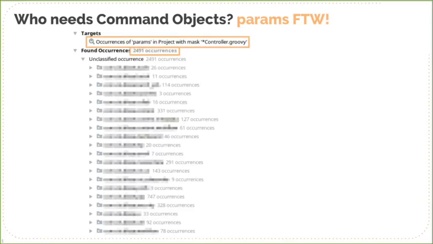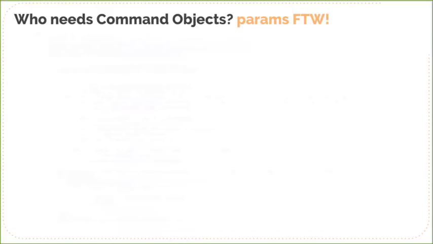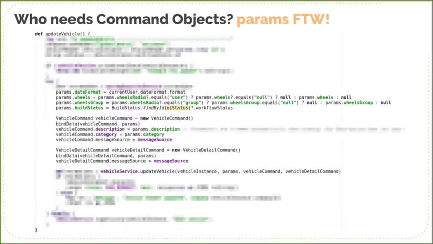So in this project, you can see that there are almost 2,500 occurrences of params in controllers. This happened because in most places in this project, they were not using command objects. And when they were using command objects, they were using them in the wrong way.